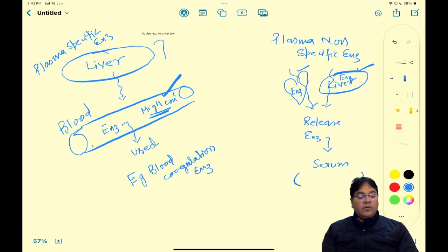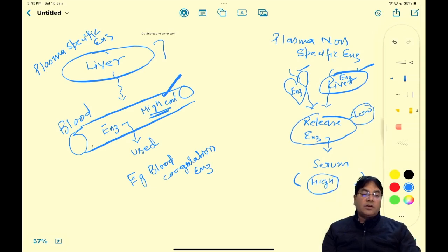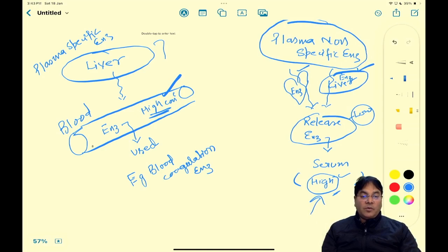These enzymes are usually present in low concentration in the serum, but now their concentration becomes high in the blood serum. So high concentration of non-specific enzymes is indicative of certain problems of the body like heart attack or liver diseases.